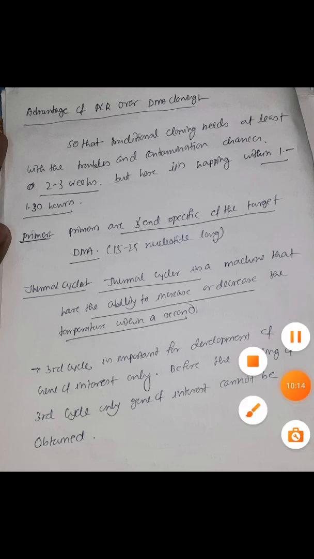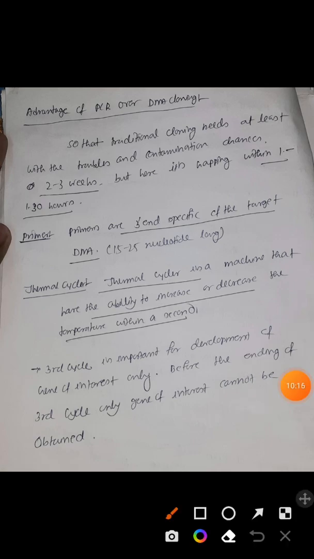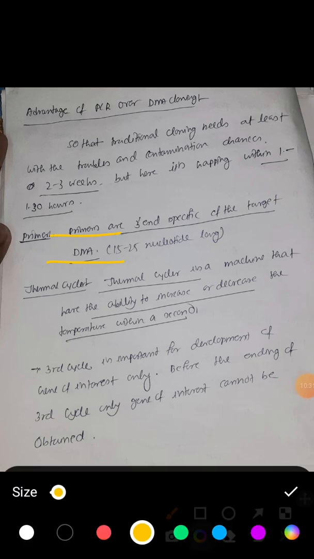On the other hand, you can clone an unknown gene of interest. You can amplify an unknown gene of interest with the help of DNA cloning. How? Suppose this is the unknown DNA sequence. We all know that we have an enzyme called terminal deoxynucleotidyl transferase.